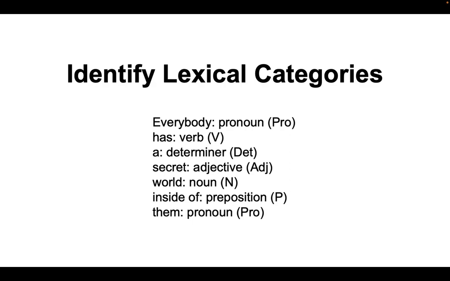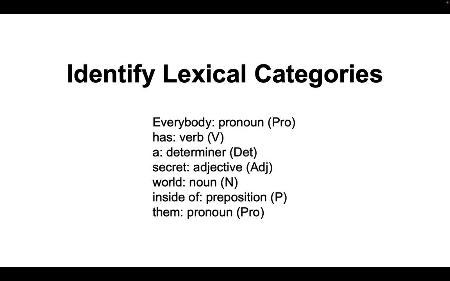And some words, especially in English, a lot of words can be different parts of speech depending on how they are used. So it's going to be really important to think about how the word is used in this particular sentence, because some words can either be a noun or an adjective depending on how they're used, or it can either be a noun or a verb or something else.